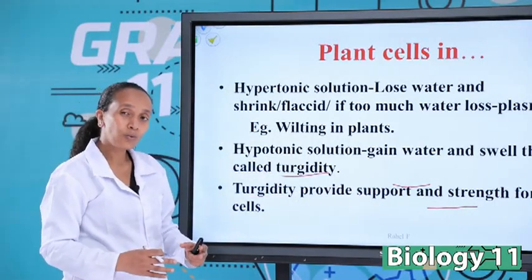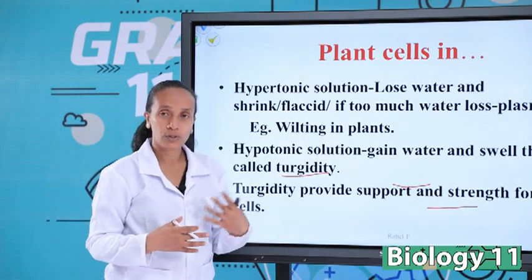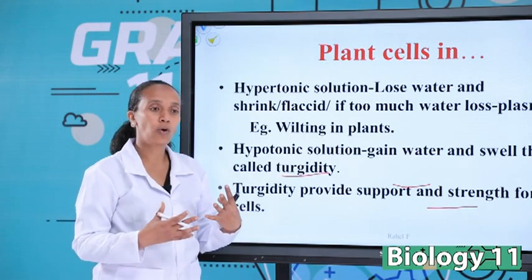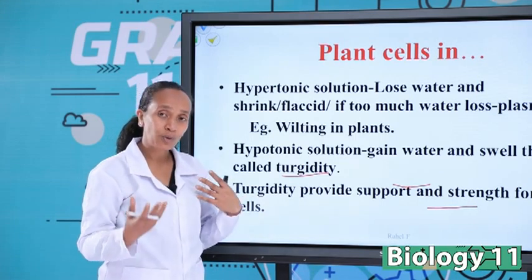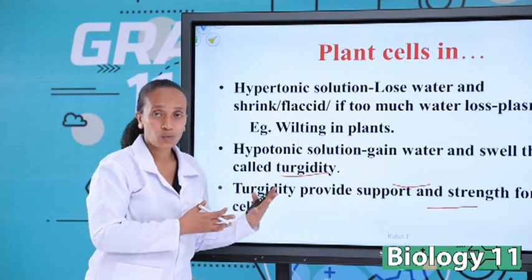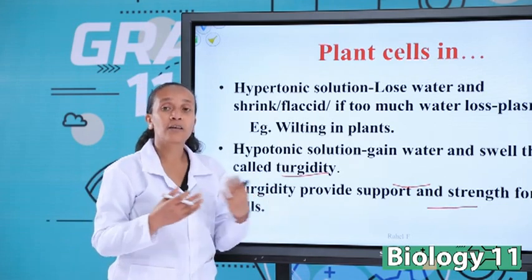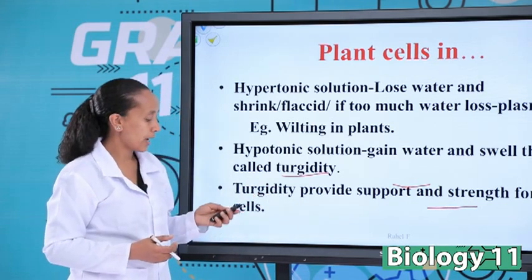So up to now we have seen how osmosis occurs and the effect of osmosis on plants and animals. So you have to remember the effect of osmosis in plant cells and the effect of osmosis in animal cells.